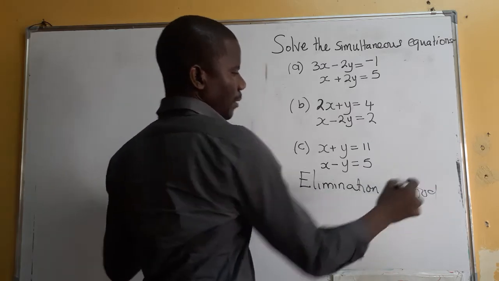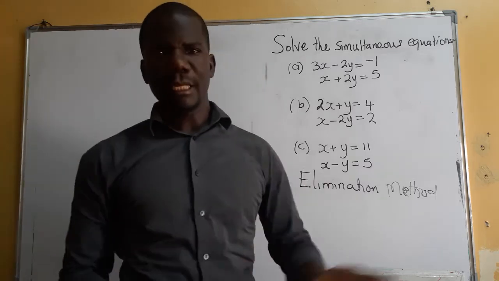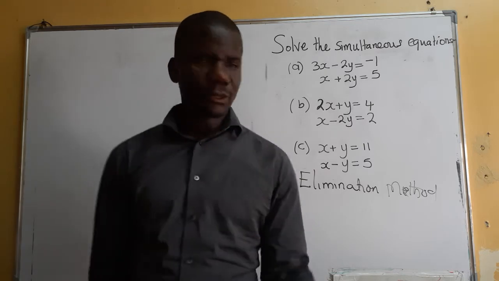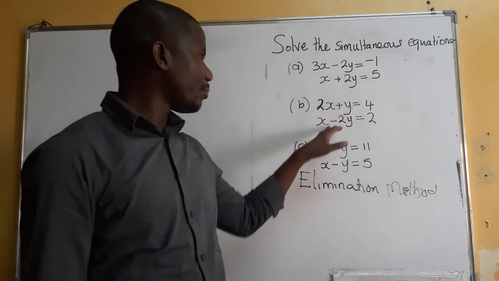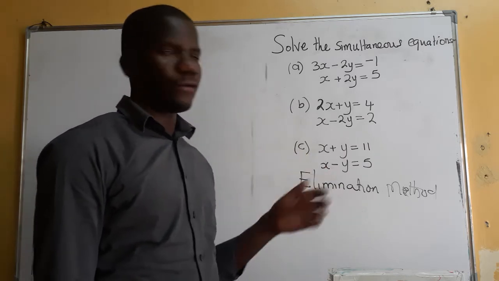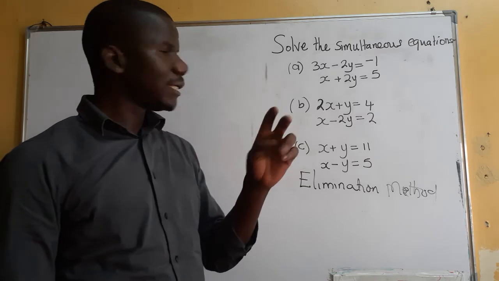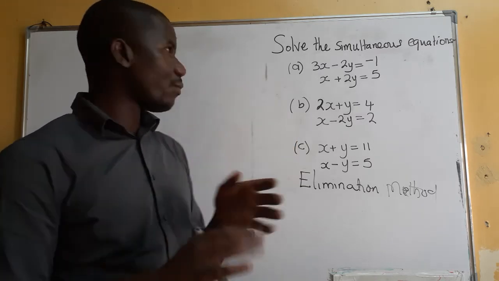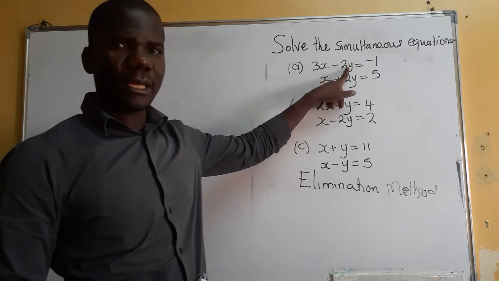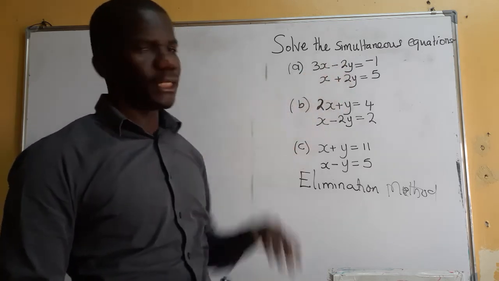So, what does it mean to eliminate? To eliminate is to get rid of something. We want to see how we are going to get rid of one of these two variables in order to solve for the other. With simultaneous equations, we want to find the values of x and y that must satisfy these two equations.